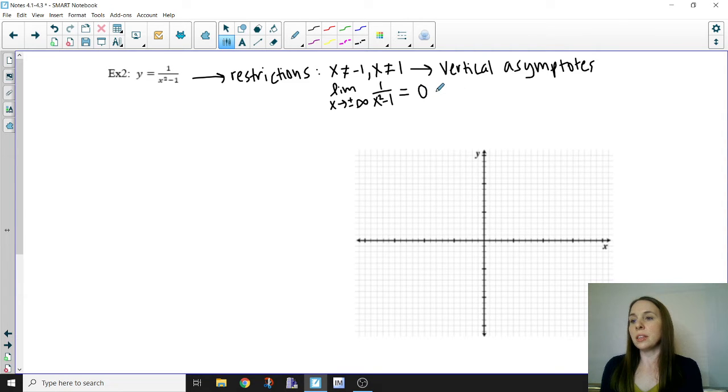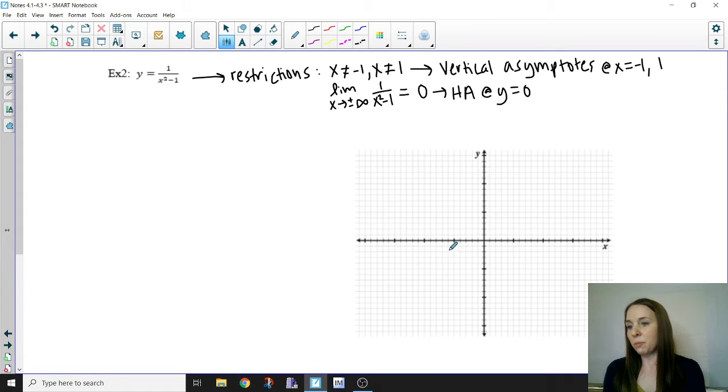So that means that there is a horizontal asymptote also at y equals 0. We should probably say here vertical asymptotes at x equals -1 and 1, and you could get those set if you think that would be helpful.